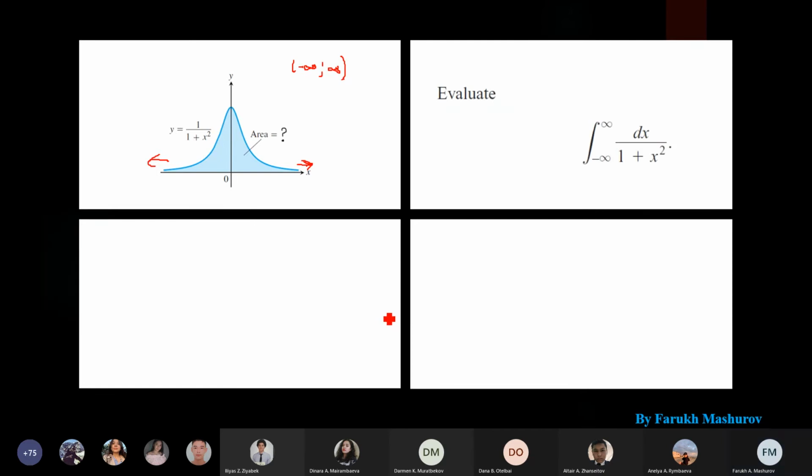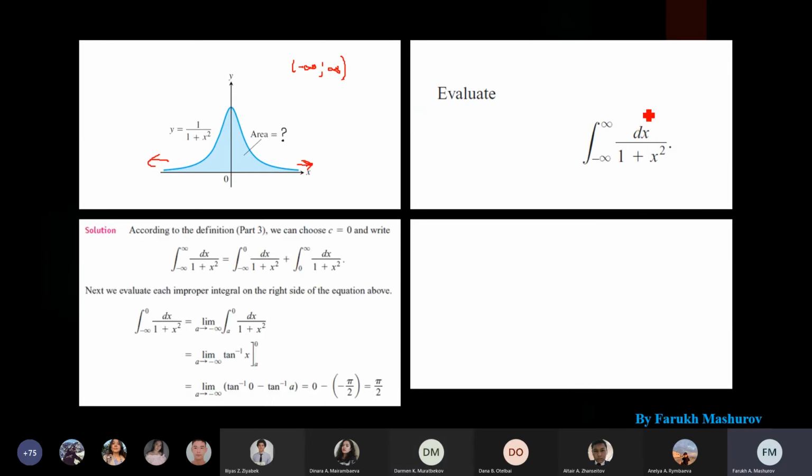So we need to find the integral of this function. To find it, we need to split it at some number, let's write here c, from minus infinity up to c, and from c up to infinity.